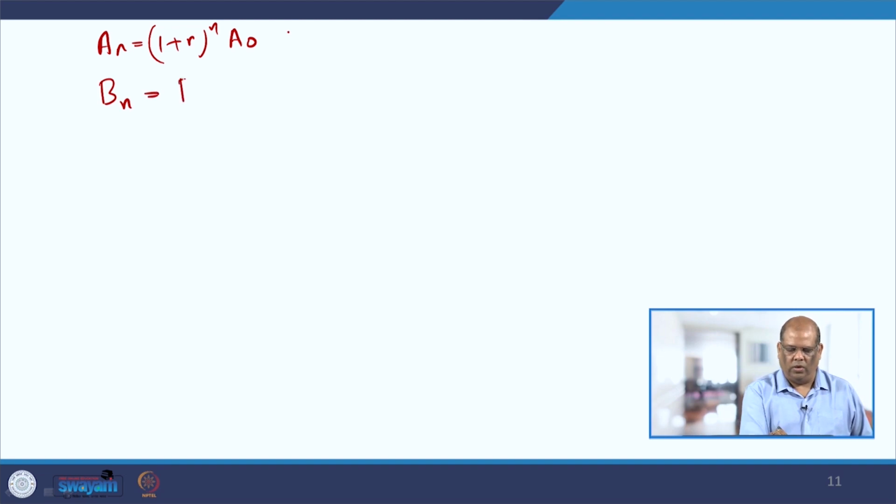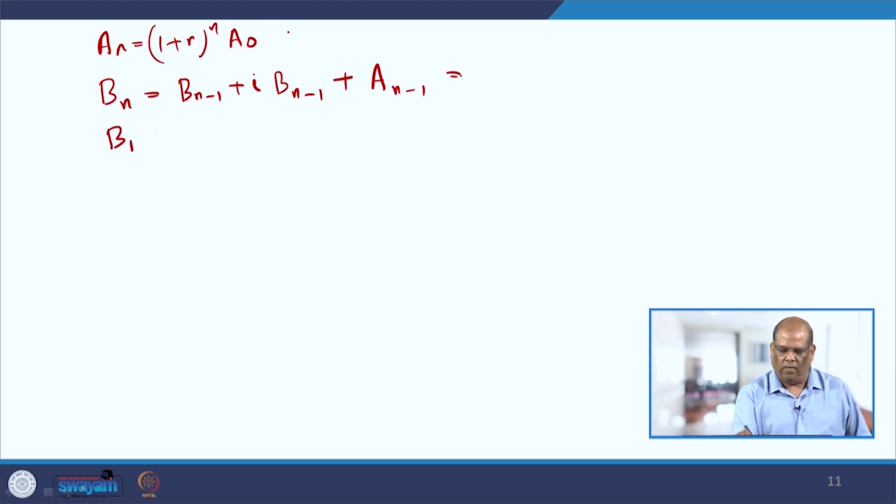Which is Bn-1 plus the interest on Bn-1 plus the monthly amount. So, if I want to find B1, this can be written as (1+I) times Bn-1 plus An-1.